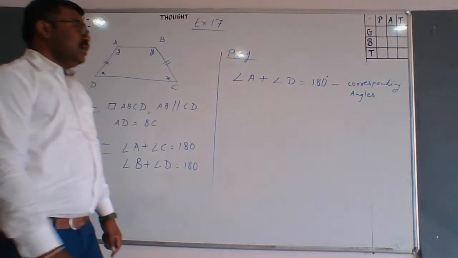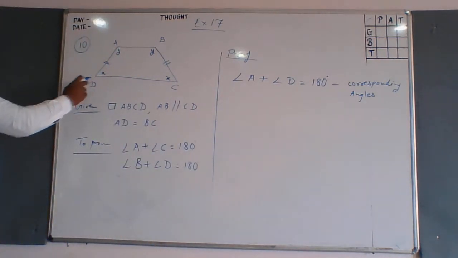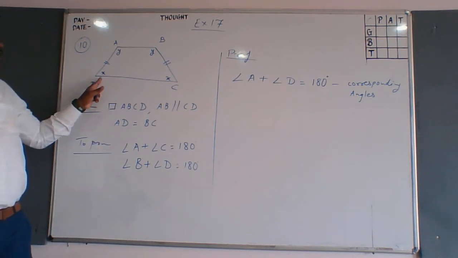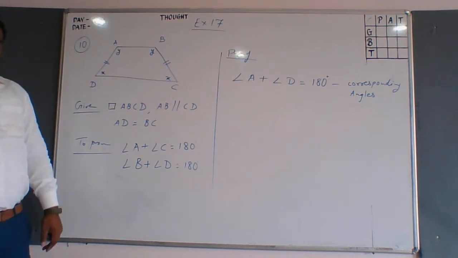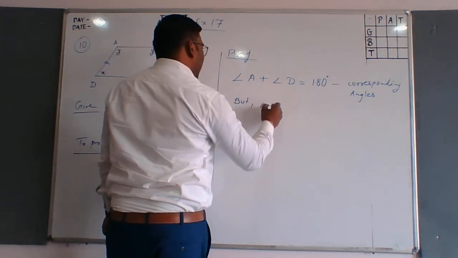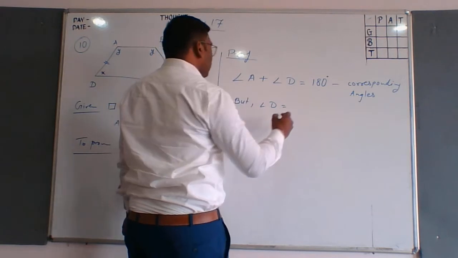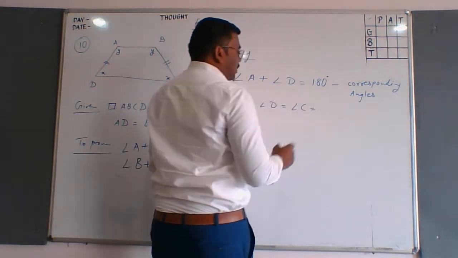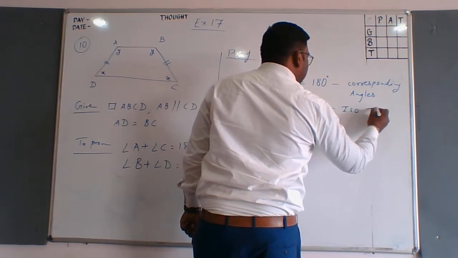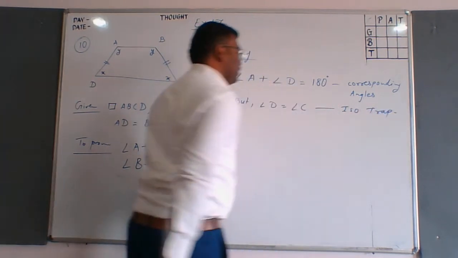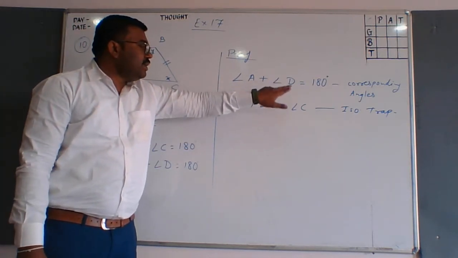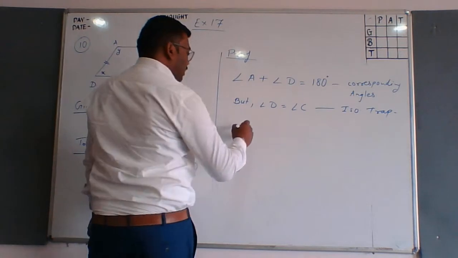But angle D is also equal to angle C, because it is an isosceles trapezium. Got it? Now let us replace angle D with angle C.